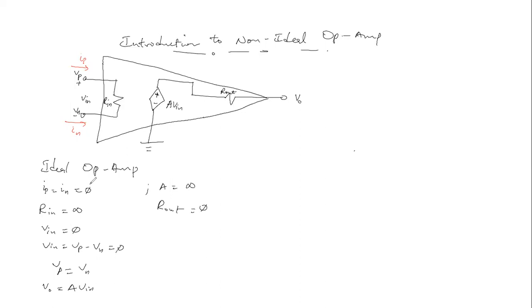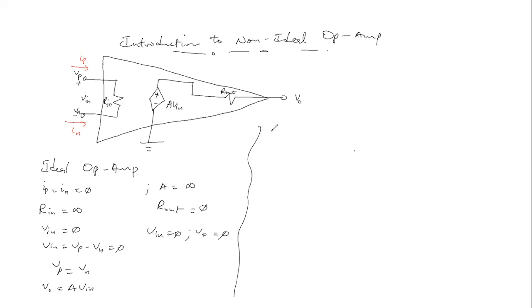Okay, and we also established that if V in is 0, then V out will be 0, because A times 0 is 0.